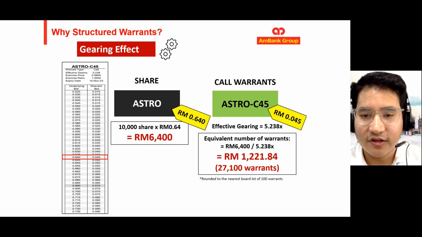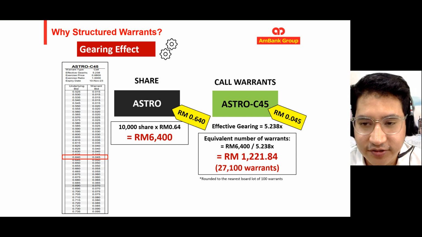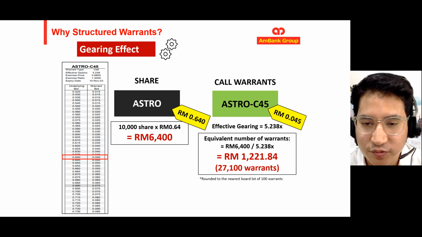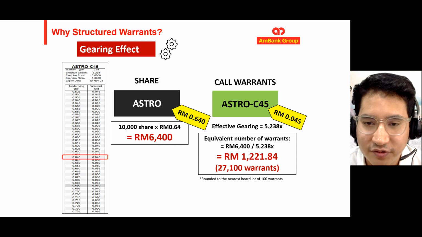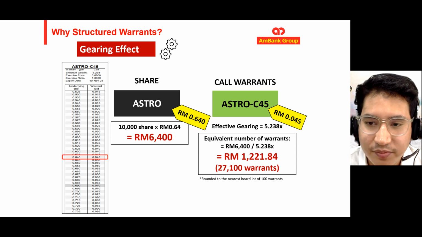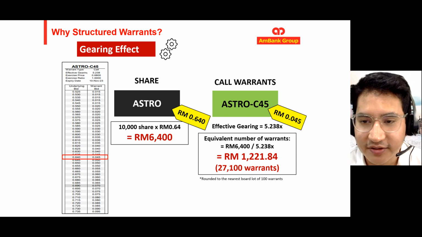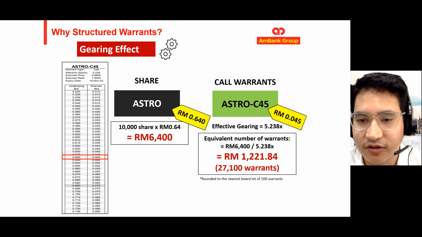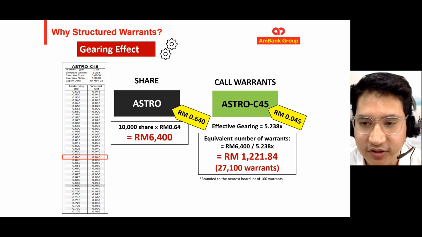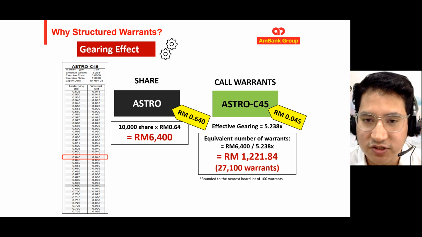And for another scenario, if you want to gain a similar amount of exposure of 10,000 shares, you buy our call warrants by this formula: the supposed amount of capital you have to cough up, divided by the effective gearing, which is up here.